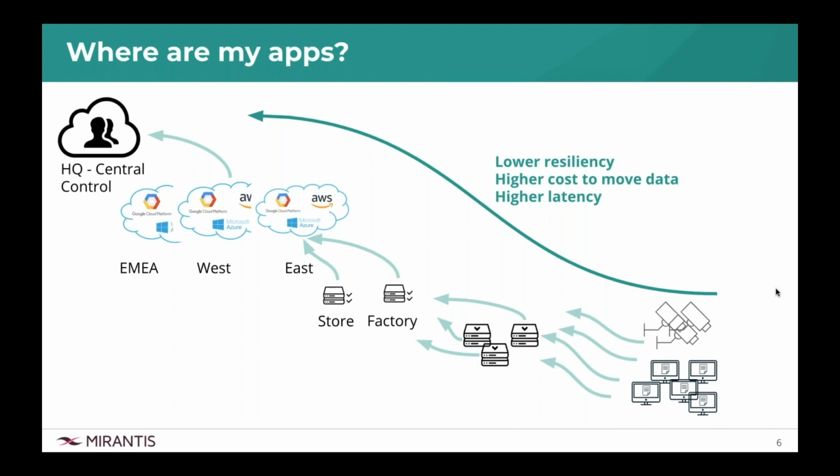We need to maintain accessibility by a central command center to roll out updates and ensure that they're running optimally. Now, let's be clear here. When I say a central command center, that's not necessarily your headquarters. This could be an edge environment where you're managing your applications a lot closer than from a remote headquarters environment.